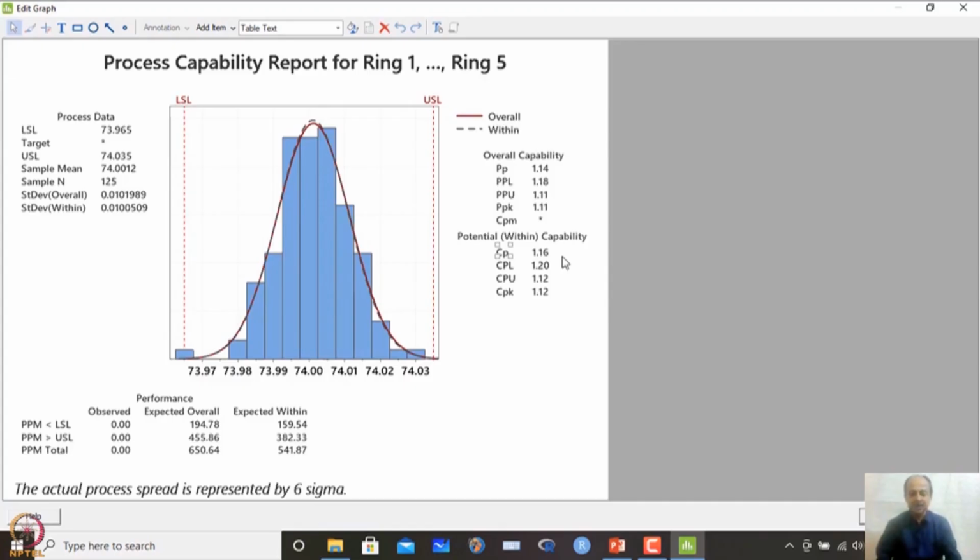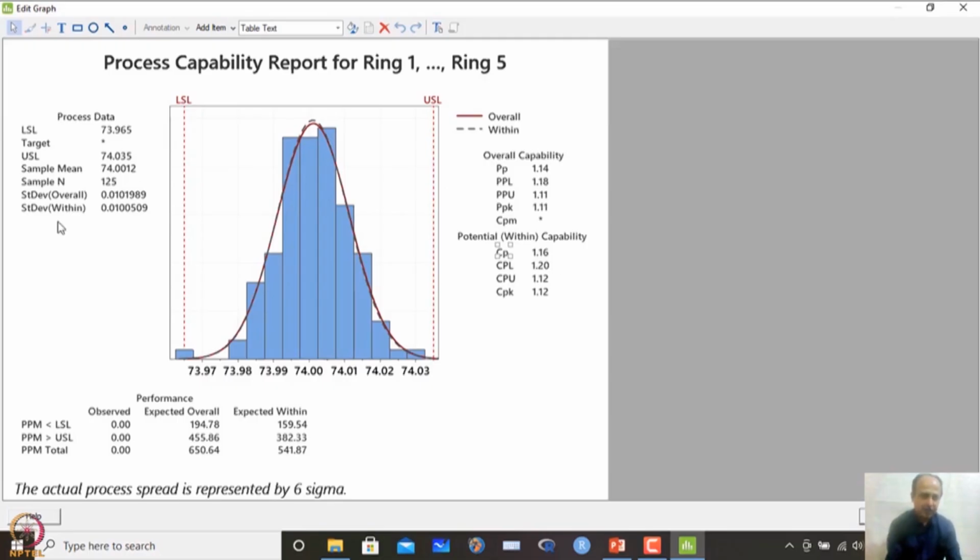That multiplied by 6 gives you the denominator, and the numerator is the tolerance that we are having. Based on that we will start discussing how they calculate these CP indices.